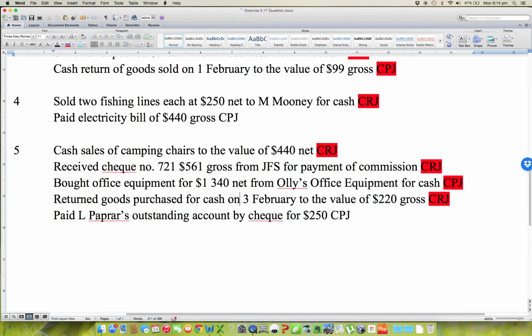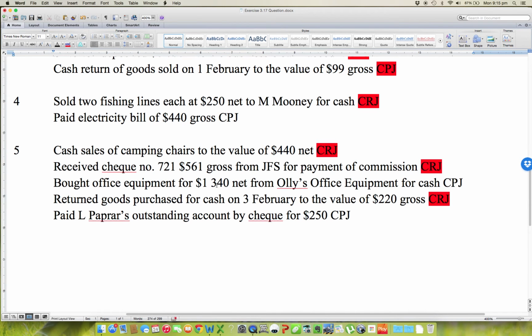We paid El Papra's outstanding check for $250. Oops, sorry, I also have a transaction here that's highlighted that shouldn't be, so we'll pop this one in as well. So he bought some office equipment from Ollie's Office Equipment for cash.